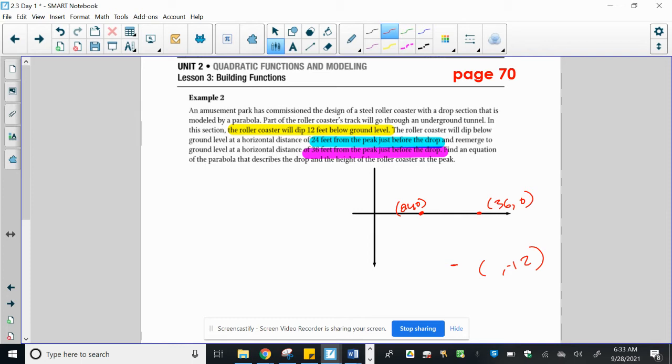So now we need to write the equation of the parabola that describes the drop in height of the roller coaster at its peak. Since we were given x-intercepts, we'd want to use intercept form. Remember intercept form, that's y equals a times x minus p times x minus q. Then we really have the values of p and q. p would be 24 and q would be 36.